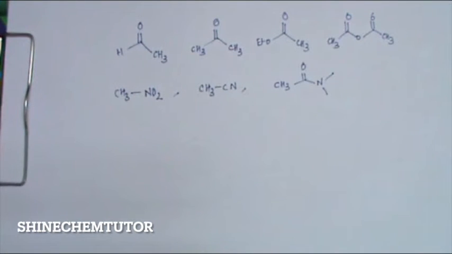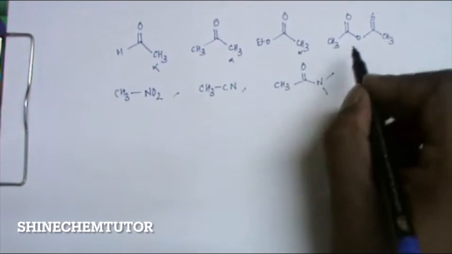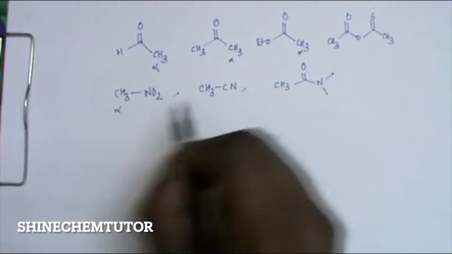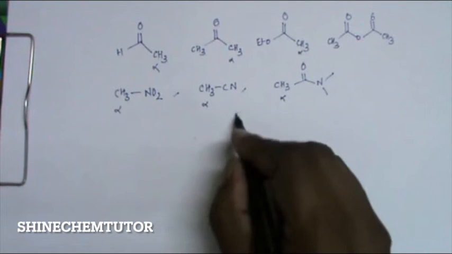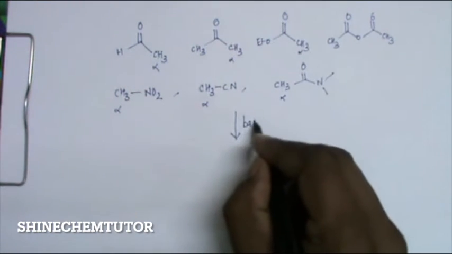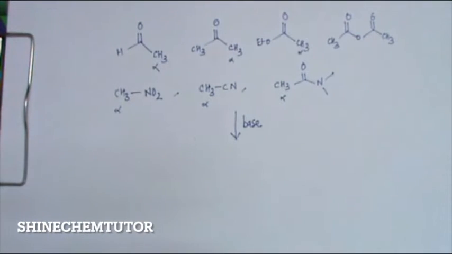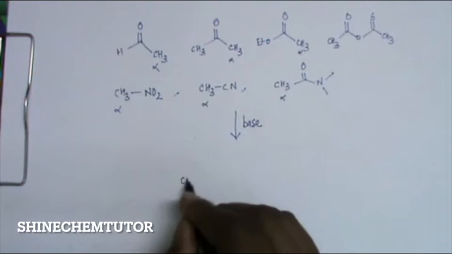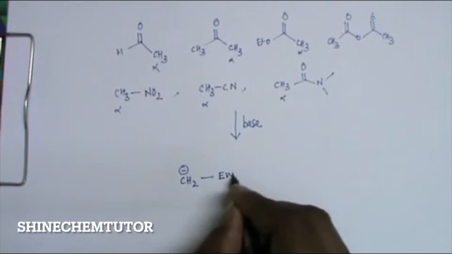Based on this, I can say the alpha hydrogen of these many functional groups are acidic. If you add a base, it is possible to abstract the hydrogen. What we get is the corresponding anion. Here it will be electron withdrawing group.